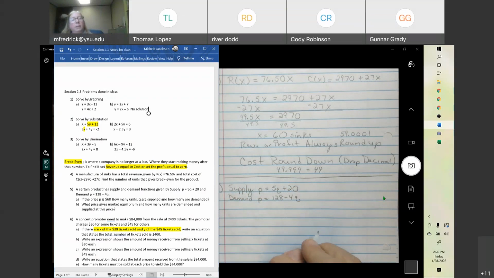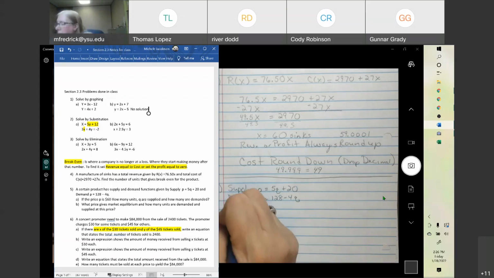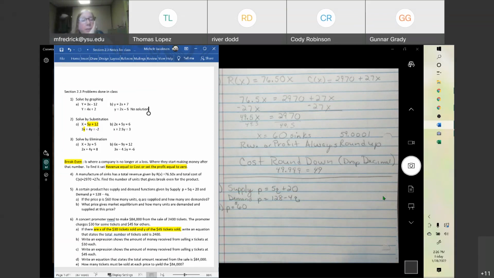If the price P is $60, so if they're selling them for $60 a unit, how many units are supplied and how many are demanded?